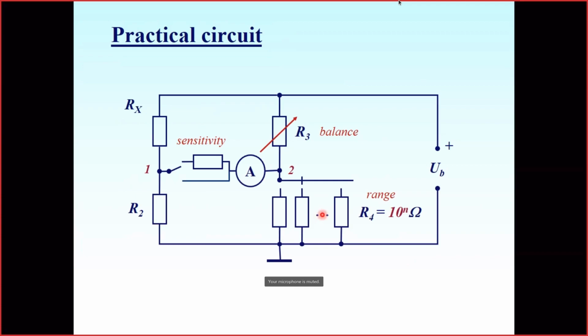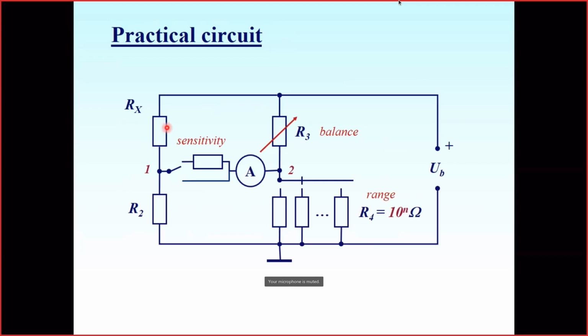In this way, the R3 that balances my Rx will be 3 orders lower than Rx.